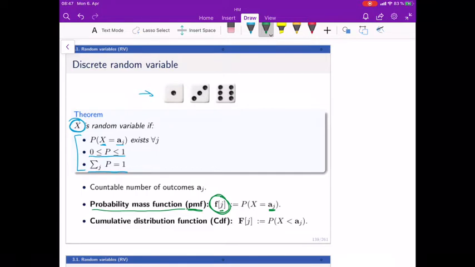So if we say a 6 has a 30% chance, then this is f of 6. Nothing more fancy than this. It just gives us the probability for this outcome. If the 1 has a chance of 10% or 0.1, then 0.1 is f of 1. Quite a simple function. It just gives us the probabilities for each outcome.